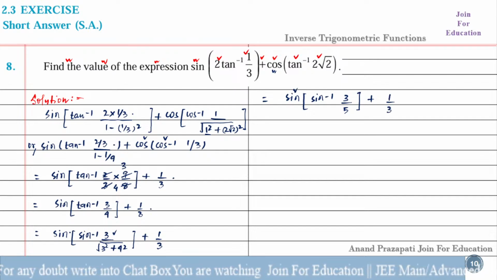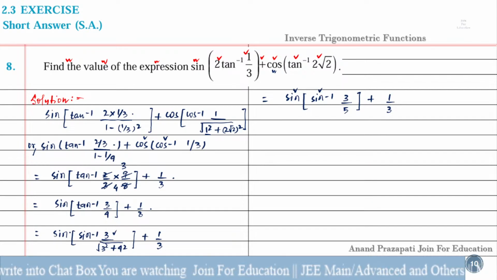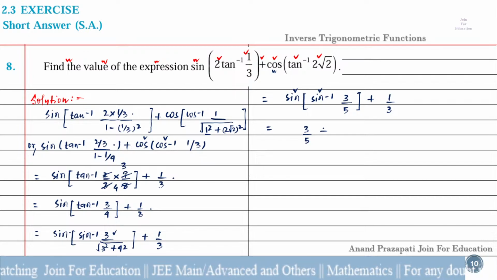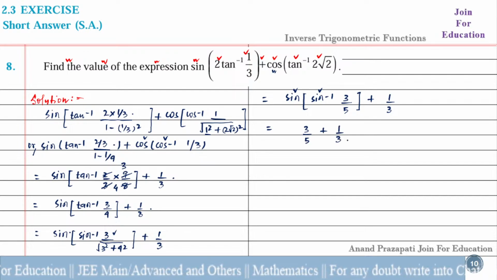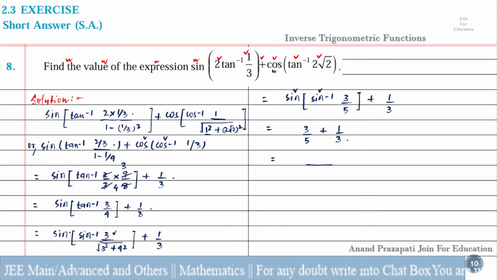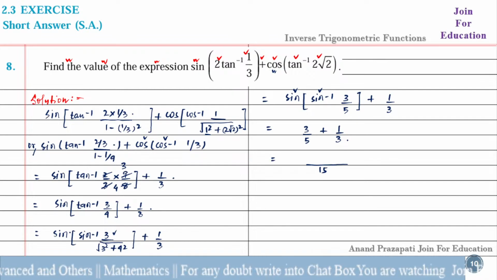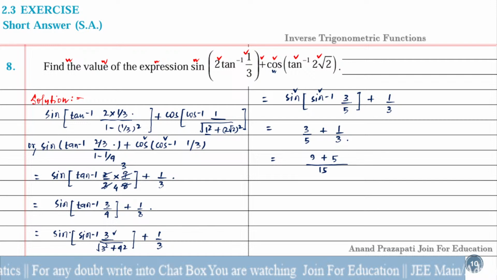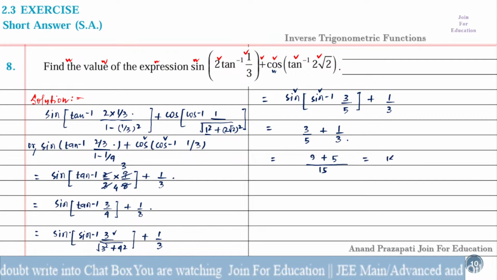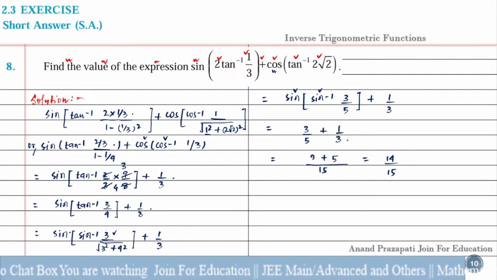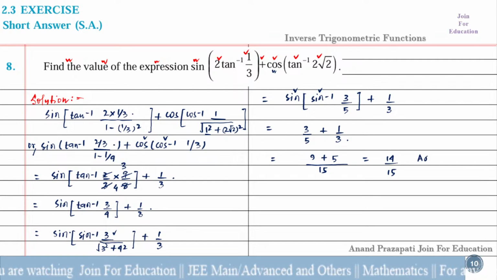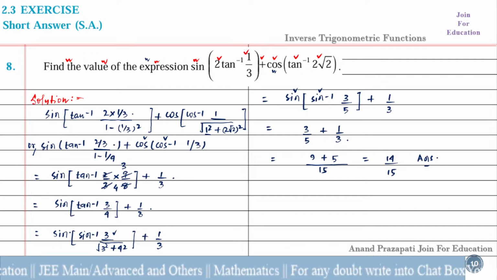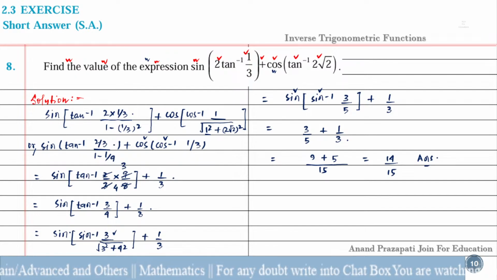So here sine into sine inverse 3 by 5 equal to 3 by 5 plus 1 by 3. So the LCM here will be 15. So here will be 9 plus 5 equal to 14 by 15. So this one will be the answer of this expression. So this one will be the value of this expression or given expression.